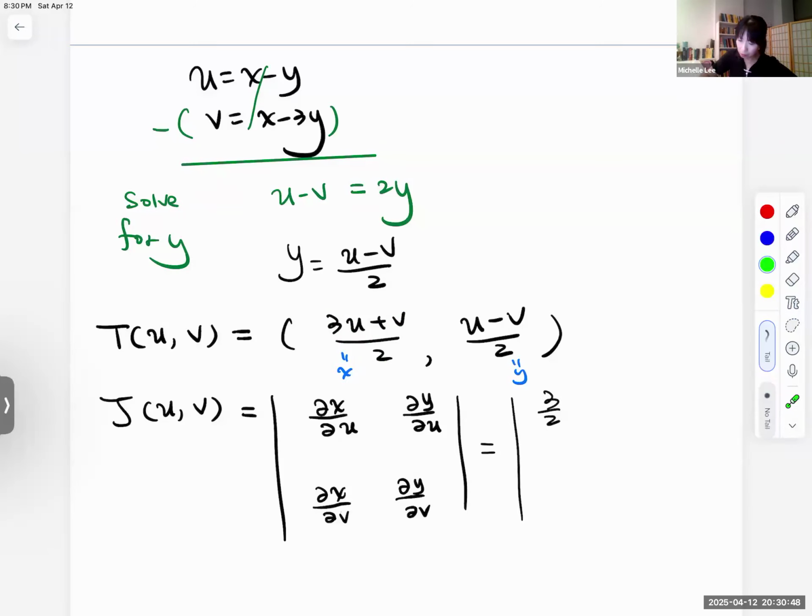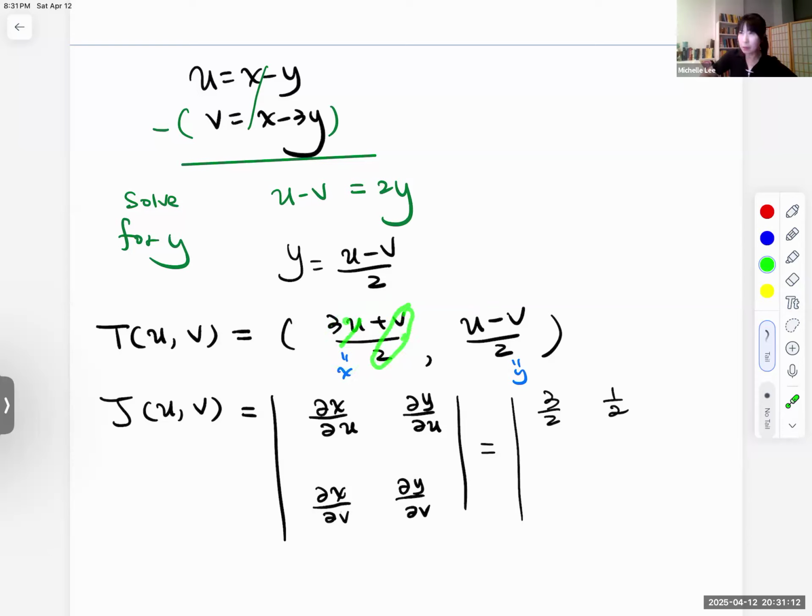Okay, take a look at this one. We're looking at the y equation with the partial derivative with respect to u. So v is constant, so we have 1 over 2 then. Now we're looking at the x, partial derivative with respect to v.